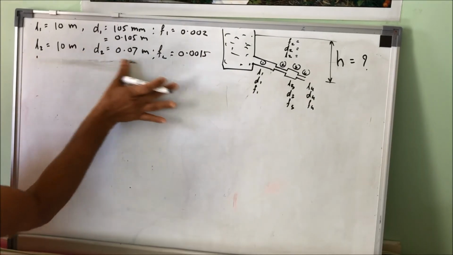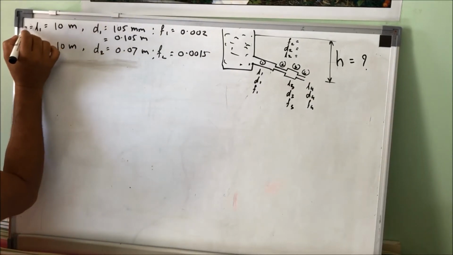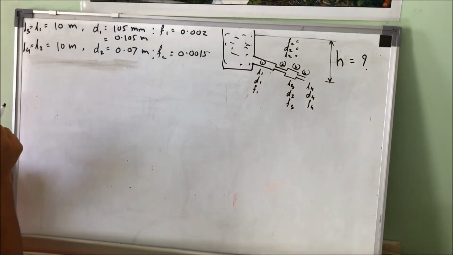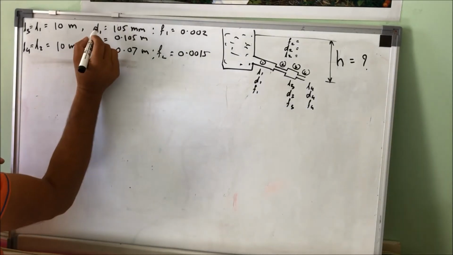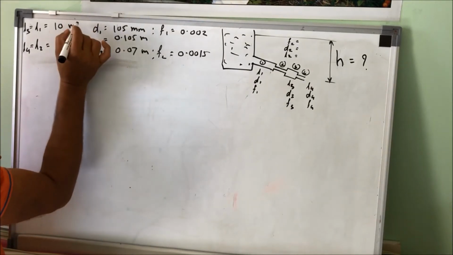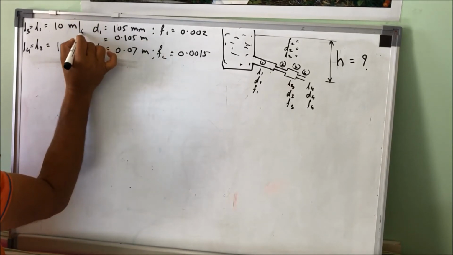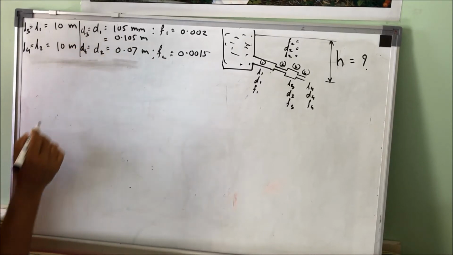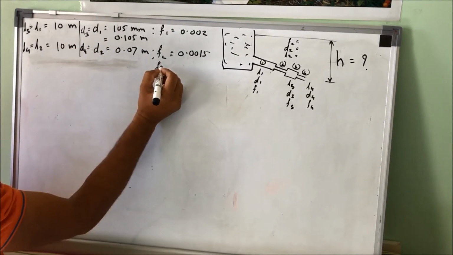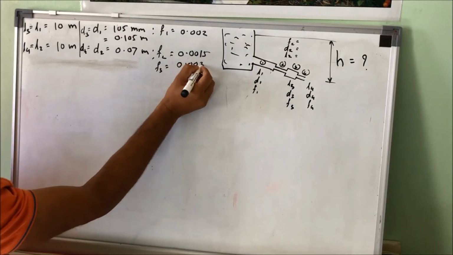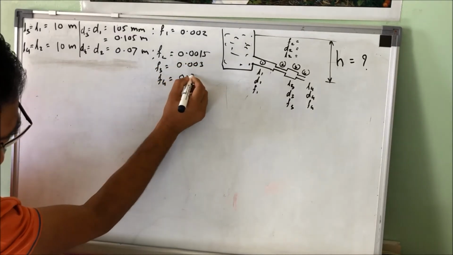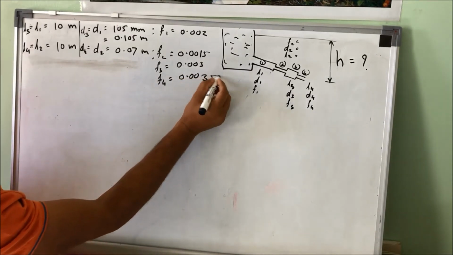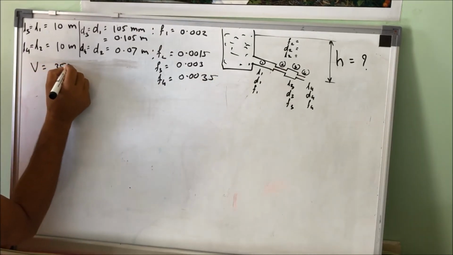All the dimensions are the same, so L1 is equal to L3, L2 is equal to L4, and D1 and D3, D2 and D4 are the same. F3 is given as 0.003 and F4 is 0.0035.